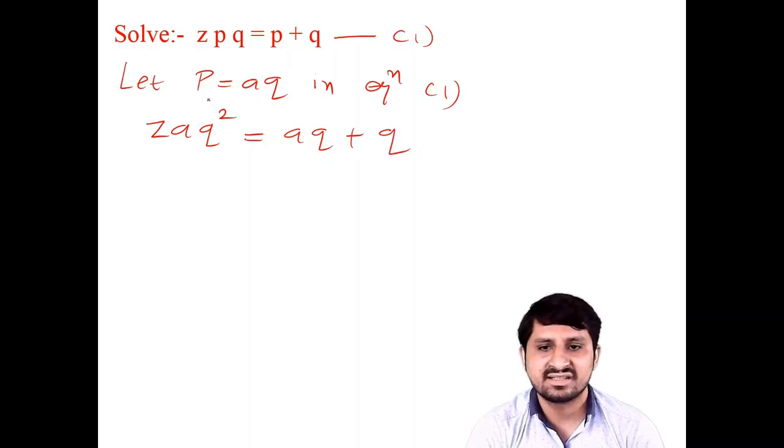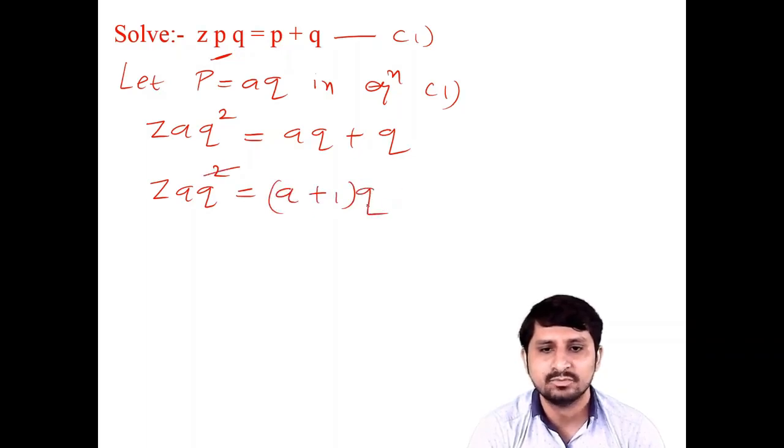We just take p is equal to aq in this equation number 1, so instead of this p, we put a into q. So now we have z a into q square is equal to a into q plus q. So z a q square is equal to a plus 1 into q.